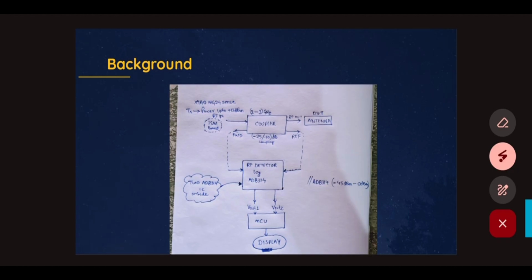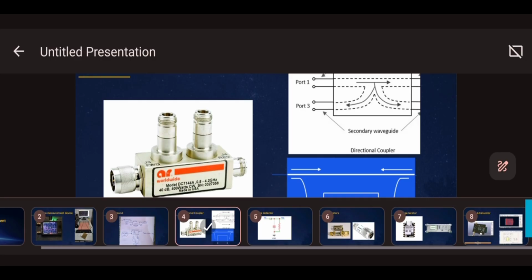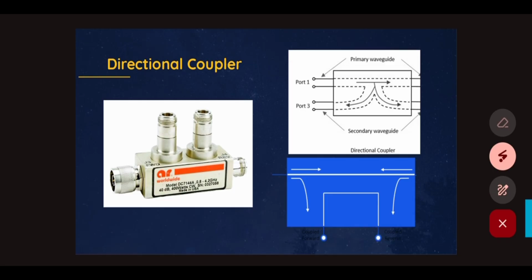And why do we need this coupler? Let me give a brief idea about a directional coupler. This is a directional coupler, on the right hand side you can see.